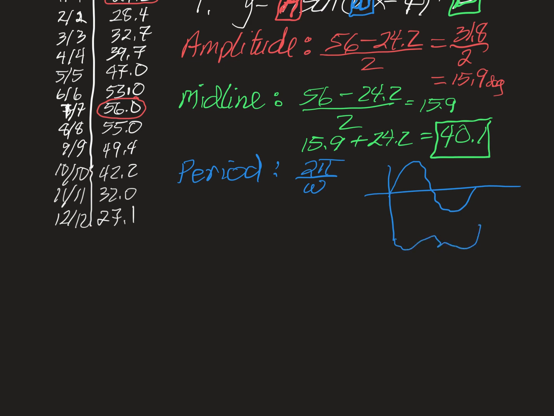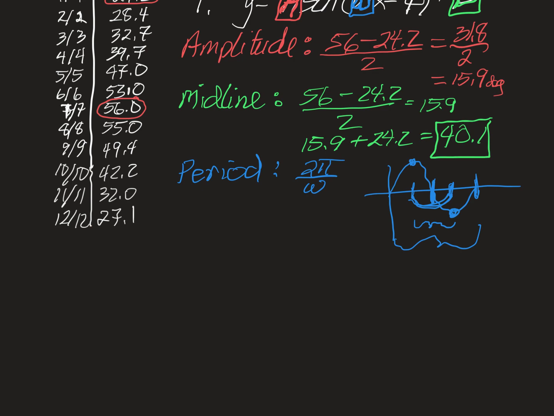Now, if you think about it, here's the maximum, and here's the minimum. And so what's the distance between the maximum and minimum? That is half the period, because remember, if we know the period, we cut it in half, and then we cut those in half to get the maximum and mins. So this is half of the whole period.